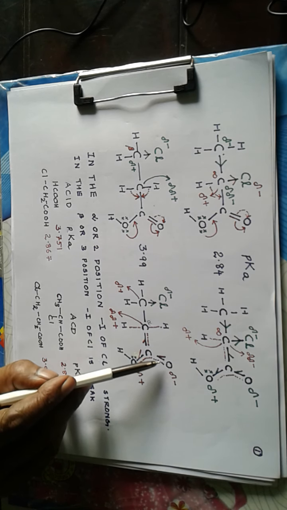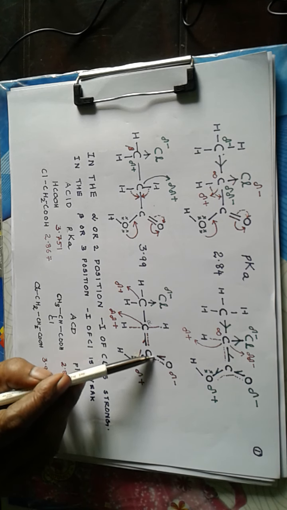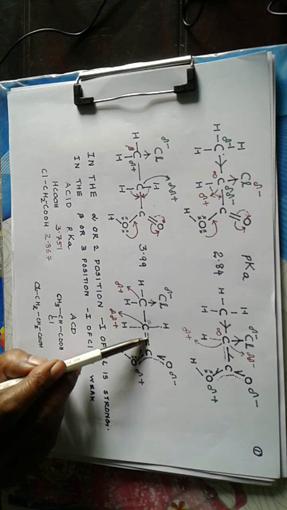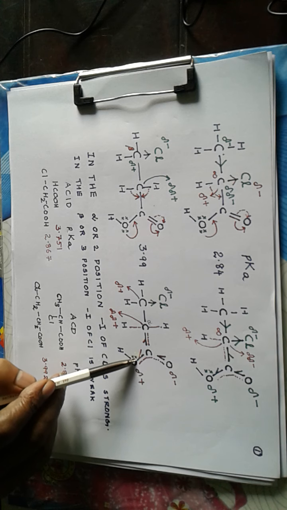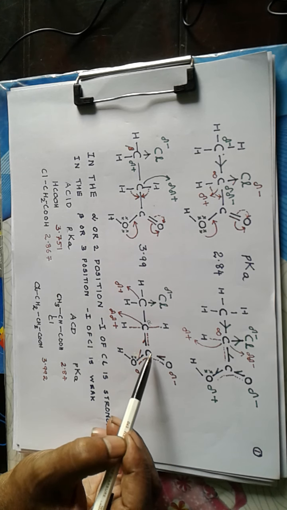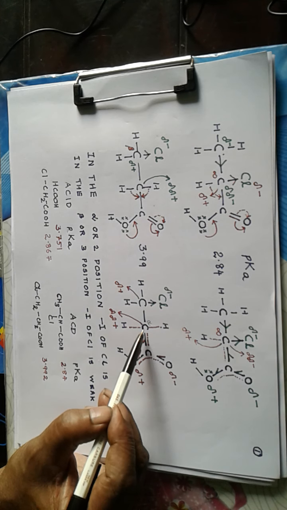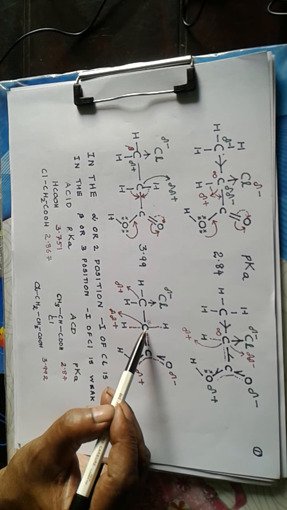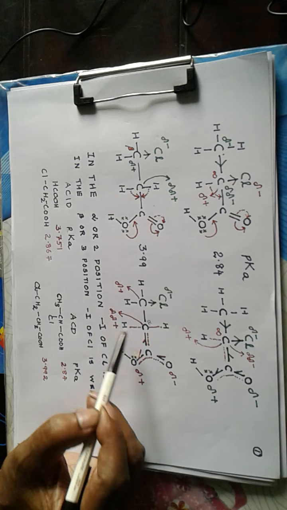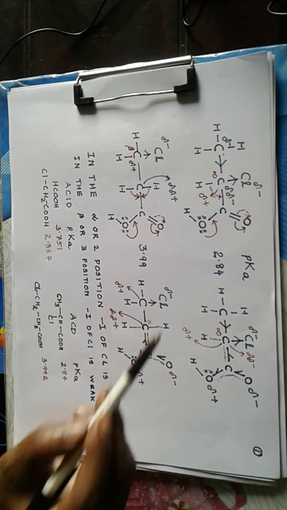So the inductive effect of delta negative oxygen will be transferred at this junction to this carbon chain and towards the oxygen atom. The share of inductive effect transferred to this carbon chain will be less, because one thing, the alpha carbon possesses only a delta positive charge, and the chlorine atom which shows minus I effect is far away.